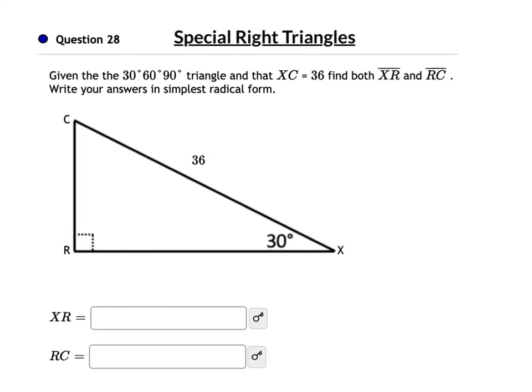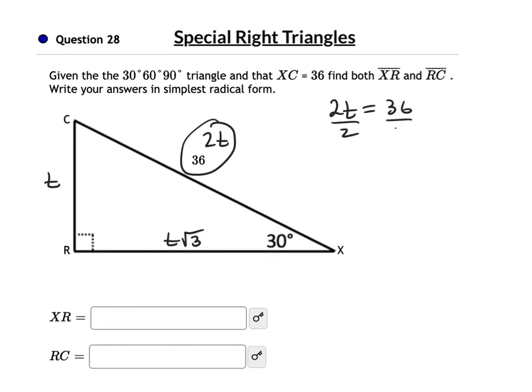And the last example, if you made it to here, awesome job. The hypotenuse is 2t, short side is t, and between the 30 and the 90 is the t root 3. I can see that 2t corresponds with 36, so 2t equals 36.